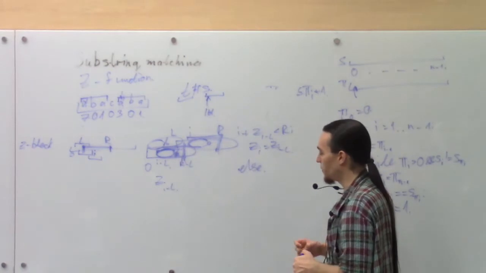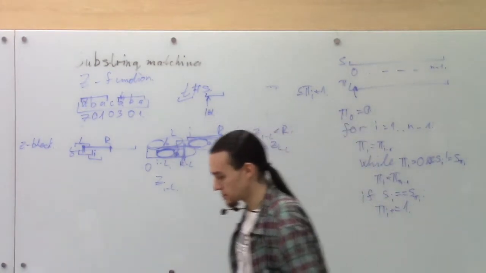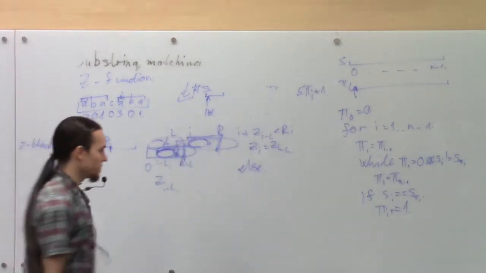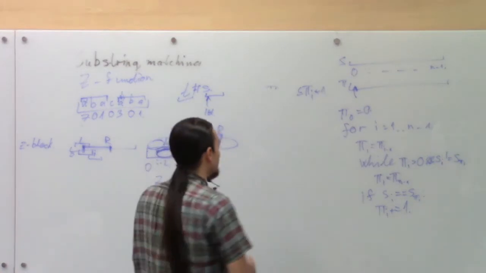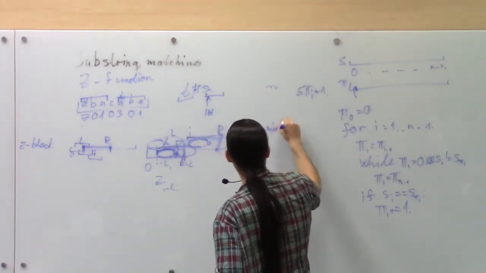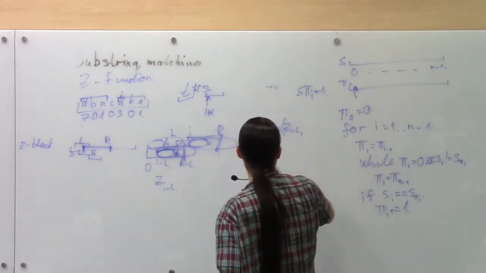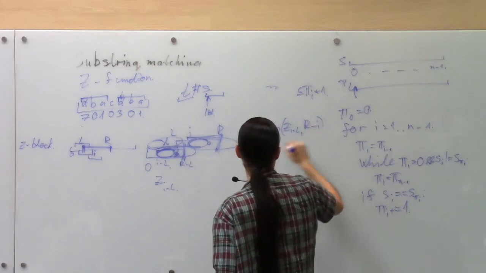If we unite these two cases, what we are doing is putting the value of Z[i] equal to the minimum of Z[i minus L] and R minus i.